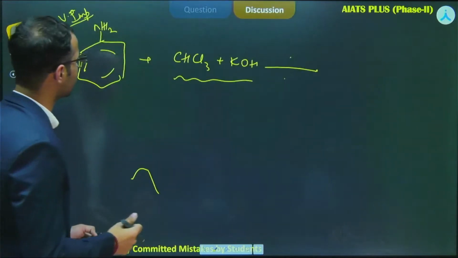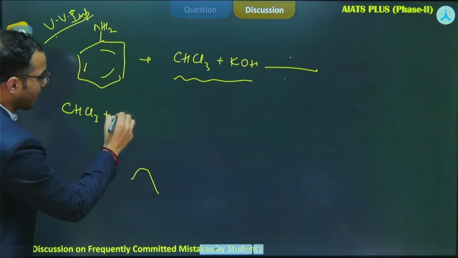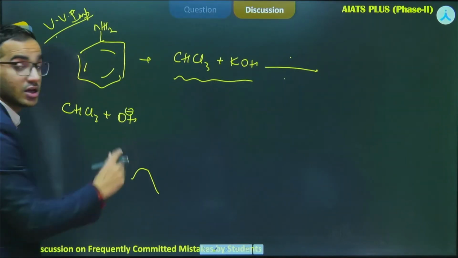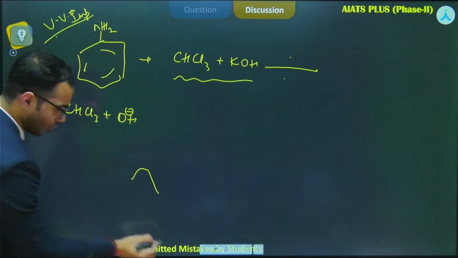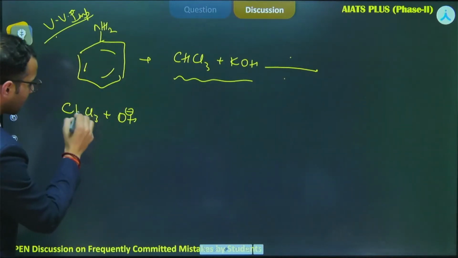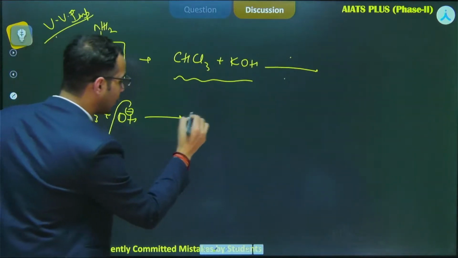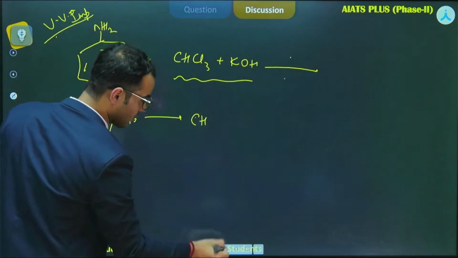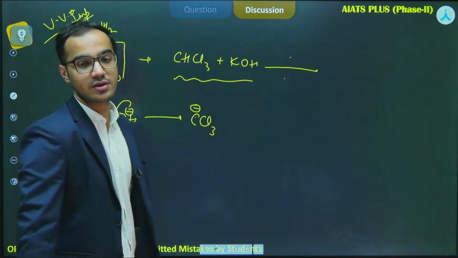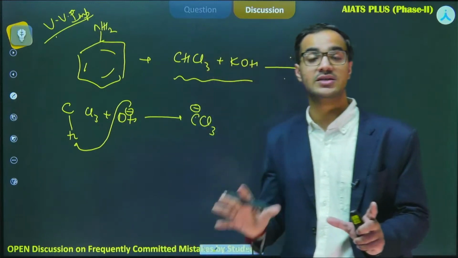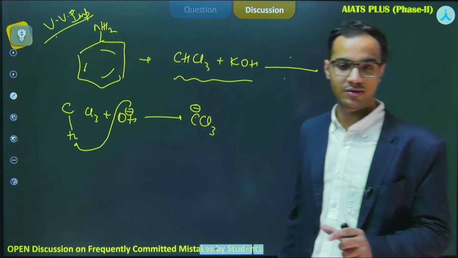You are having CHCl3 and the base OH minus. The first and foremost thing in this reaction: it will abstract this proton, yielding CCl3 minus, same as in the case of the Reimer-Tiemann reaction that we are going to discuss later on.